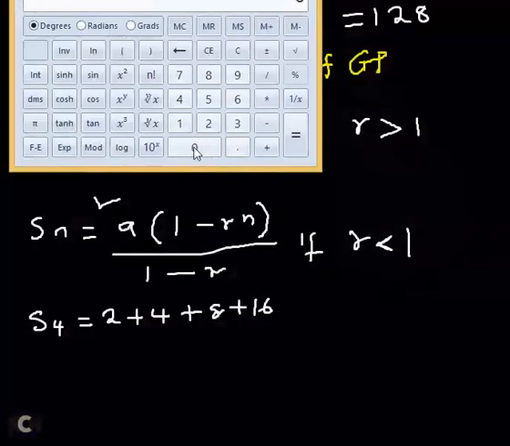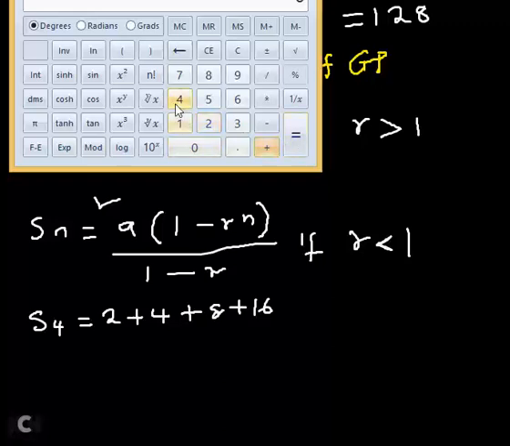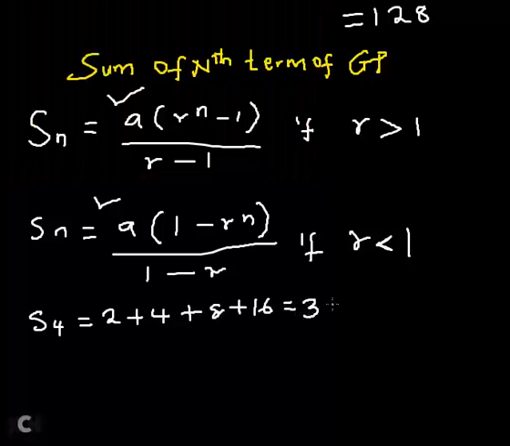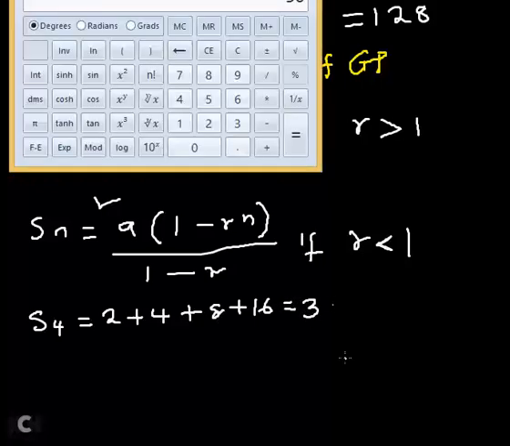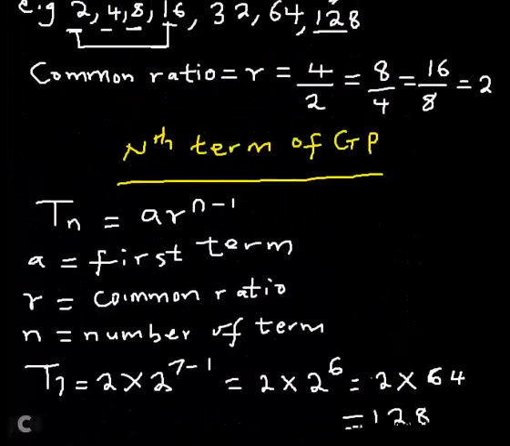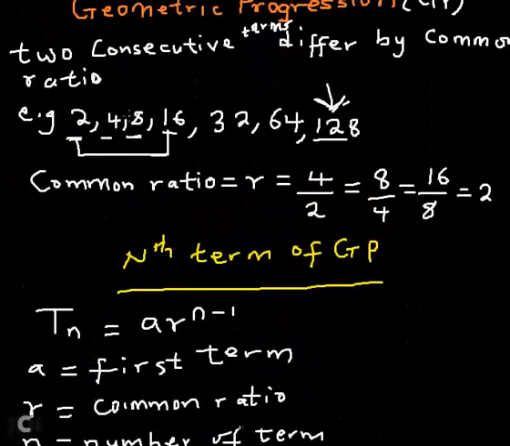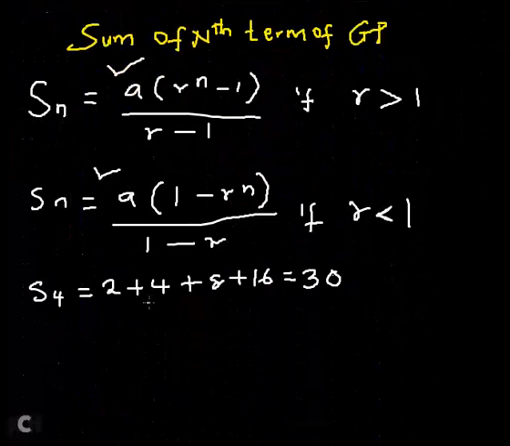All right, so 2 plus 4 plus 8 plus 16. What's it giving me? That's giving me 30. The sum of the first four terms is 30.